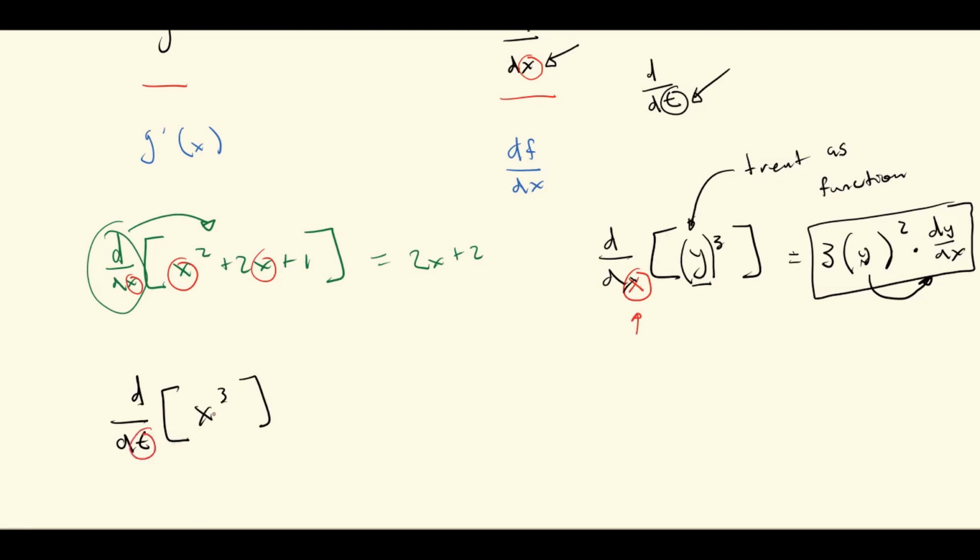That means that anything that is not t, we're going to treat as a function, so we're going to treat x as a function as well. So the derivative is going to equal 3x squared using the power rule for the third power function. And because x is going to be treated as a function, we're going to multiply it by the derivative of x, which is going to be dx dt.